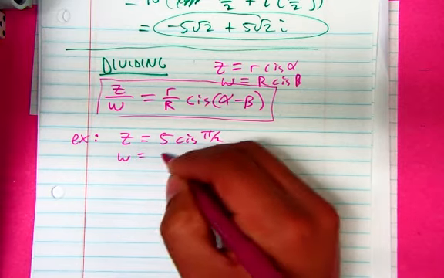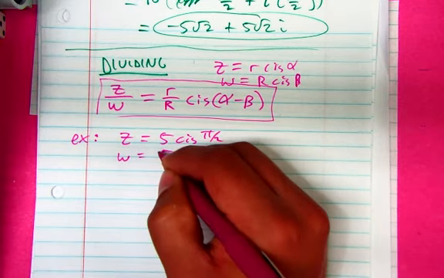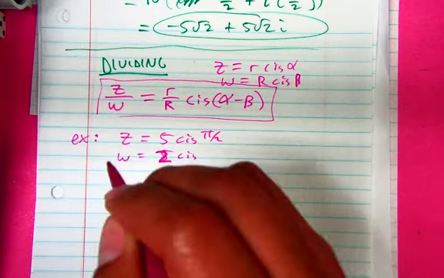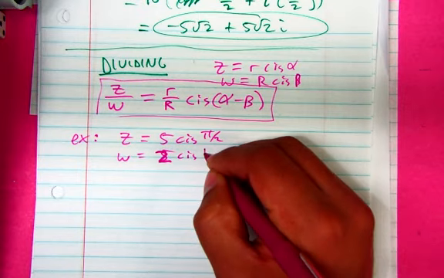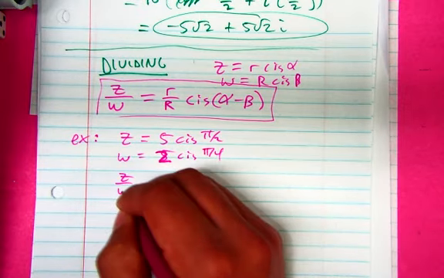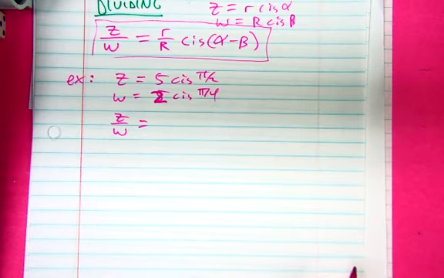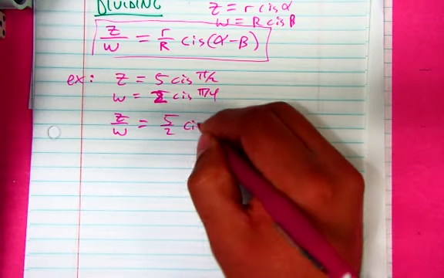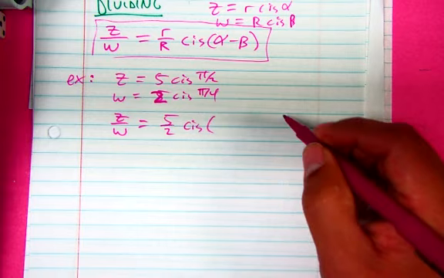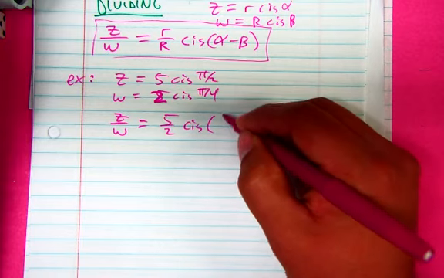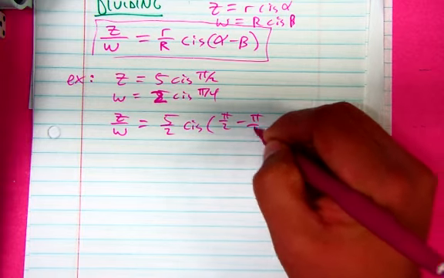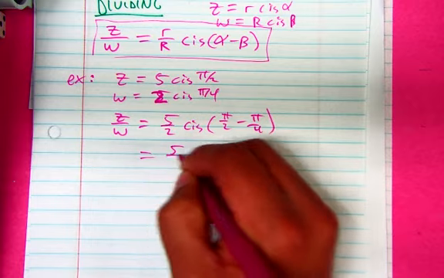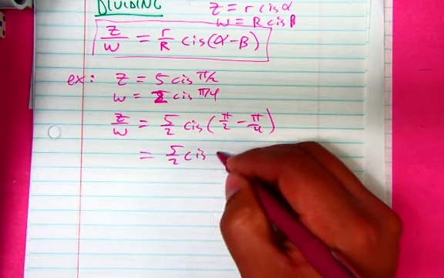W equals, sorry, 2 CIS pi over 4. So if I wanted to do Z over W, what would the answer be? 5 over 2 times CIS of pi over 2 minus pi over 4. Good. And if we clean it up, that's just pi over 4.